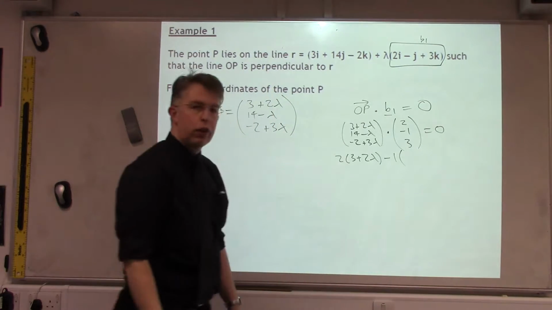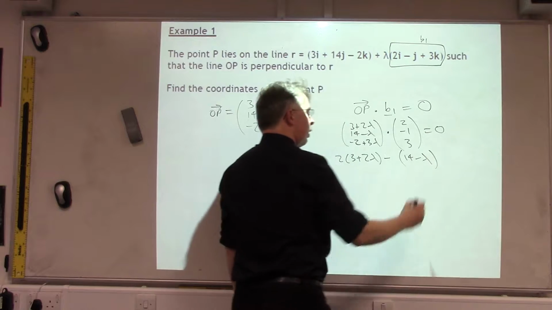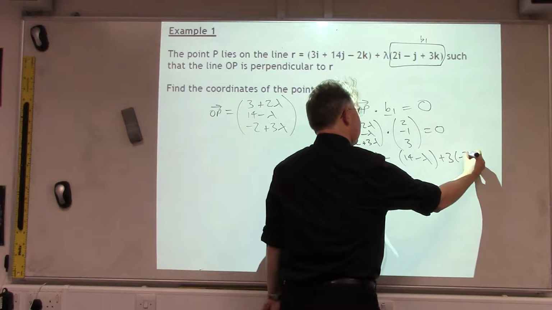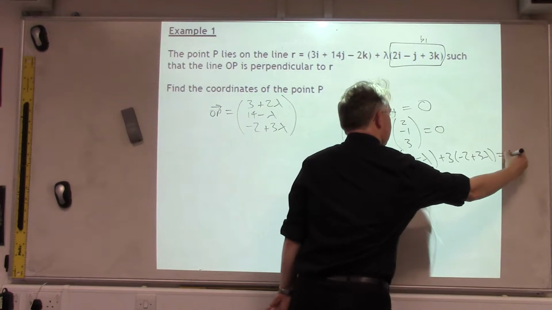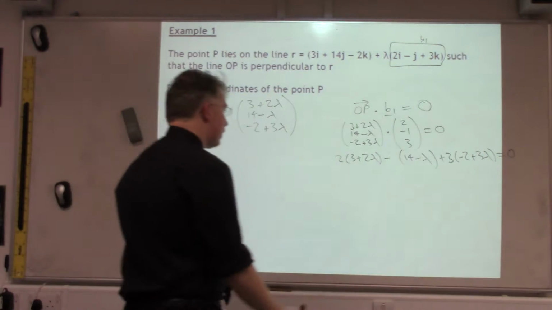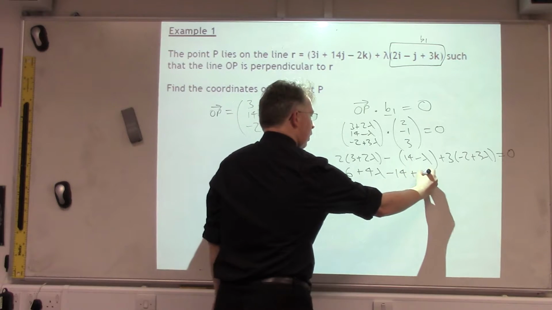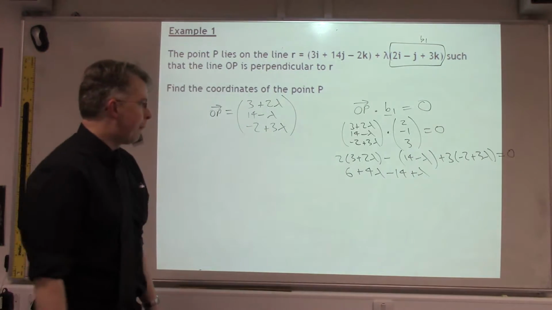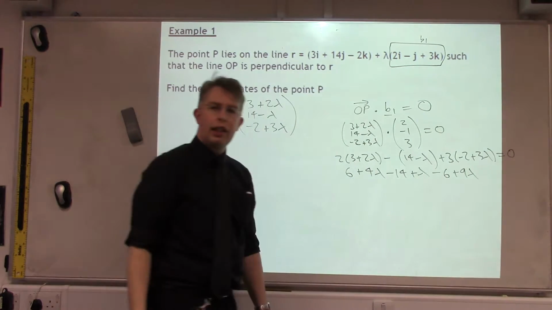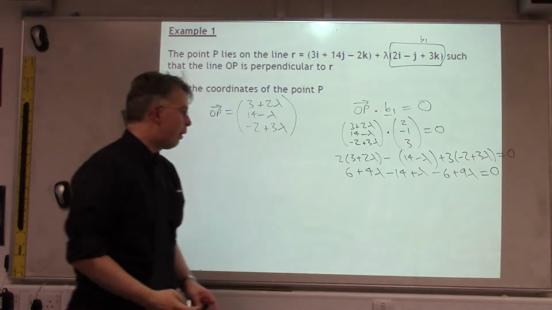equals 0. Apply the dot product formula: 2 times 3 plus 2 lambda, minus 1 times 14 minus lambda, plus 3 times minus 2 plus 3 lambda, equals 0. Multiply out all the brackets: 6 plus 4 lambda, minus 14 plus lambda, minus 6 plus 9 lambda, equals 0.